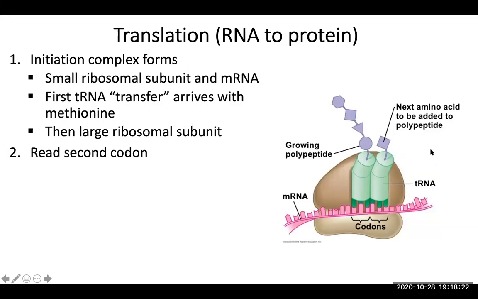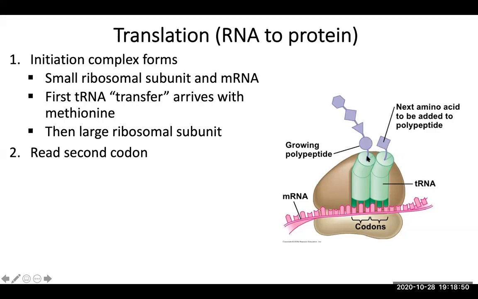So this would be the E, P, A sites. Your new tRNA comes into the A site, and then as it moves over to the next site, it makes a peptide bond to add on this new amino acid to the growing chain.